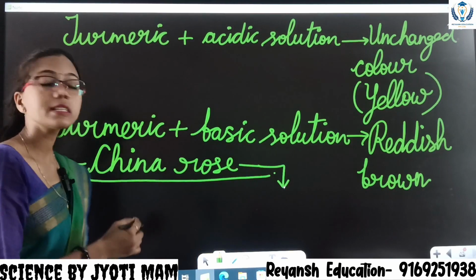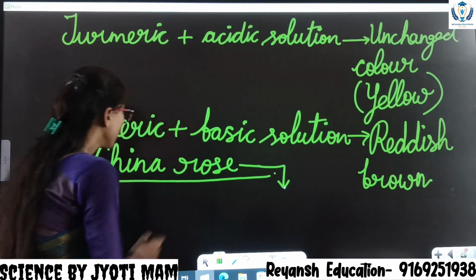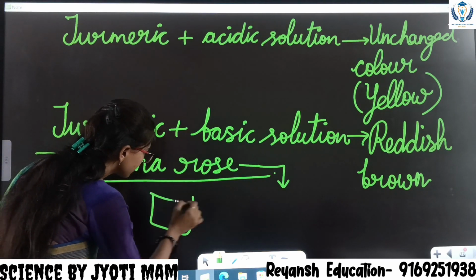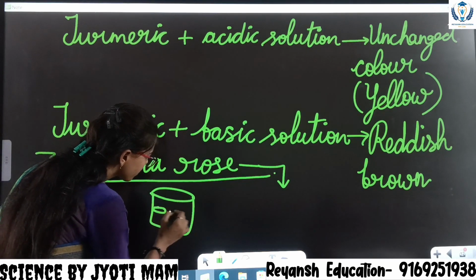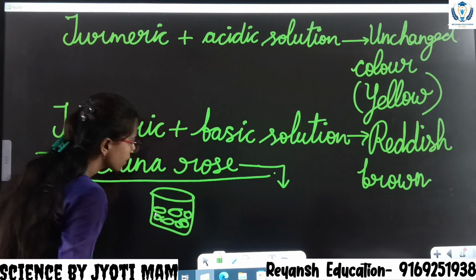And what is the process by which we can find the China rose indicator? We take some petals of the China rose.